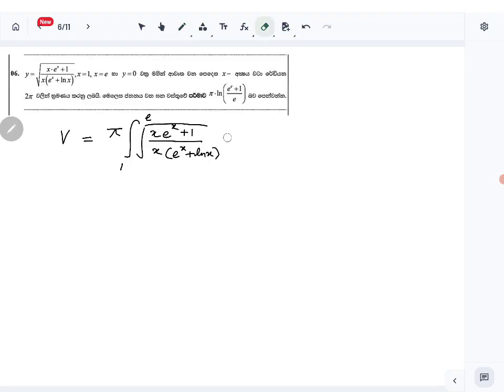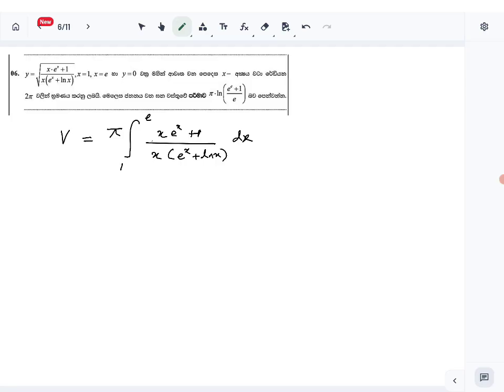That is our volume formula. So let me write it without the square root. After I apply the square, it will become x over e to the x plus ln x, dx, right? So we have to integrate this.